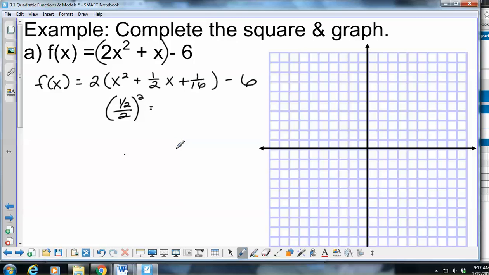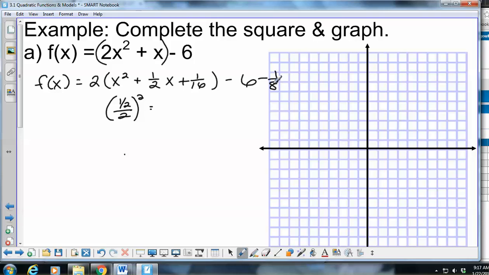Now here's where you have to be really careful. I put a 1/16 in my parenthesis, but that's not really all I added into my problem, because there's a 2 out here that would get distributed to that, correct? What's 2 times 1/16? 1/8. So you actually would subtract 1/8 out there.